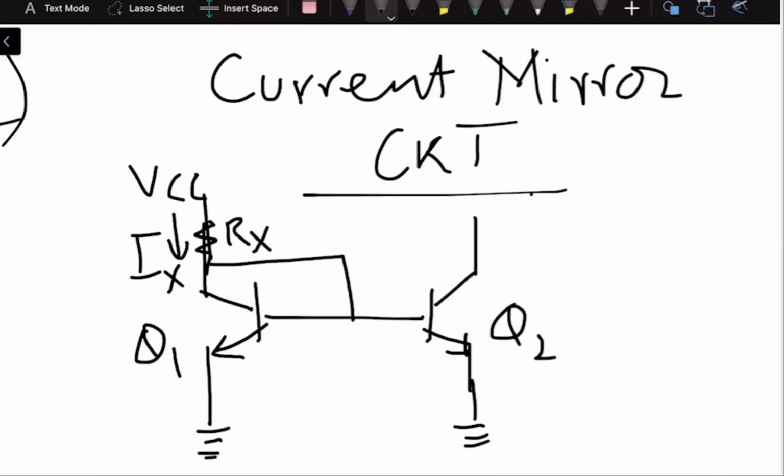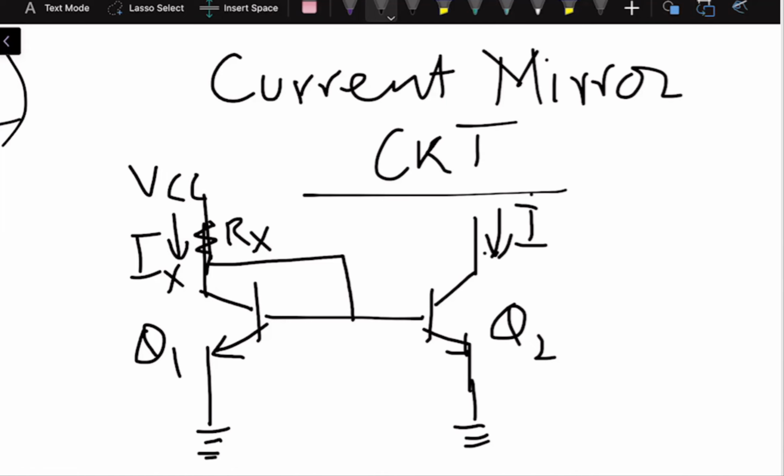What we want to achieve from this is that the current flowing over here is, let's suppose, I. So we say that the current Ix will be equal to the current I flowing in the other transistor, Q2. How this is going to be, let's see.